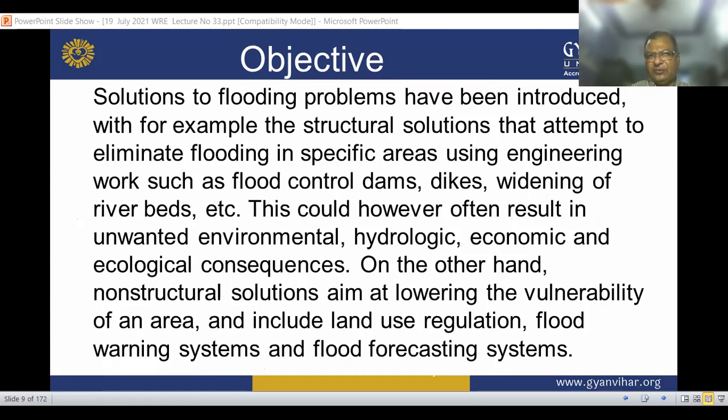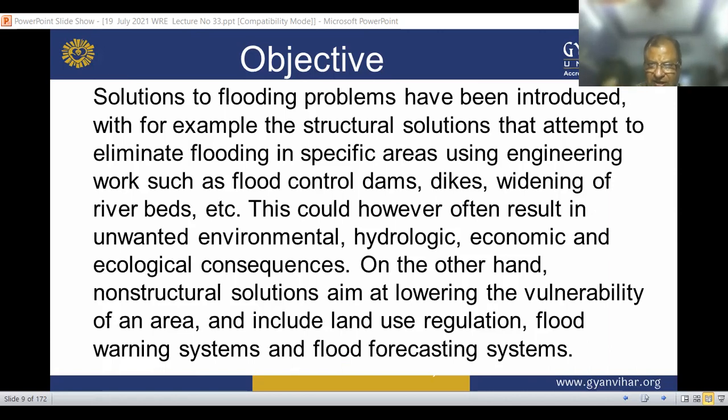Solutions to flooding problems have been introduced, for example structural solutions that attempt to eliminate flooding in a specific area using engineering works such as flood control dams and widening of river beds. This could, however, often result in unwanted environmental, hydrologic, economic, and ecological consequences.